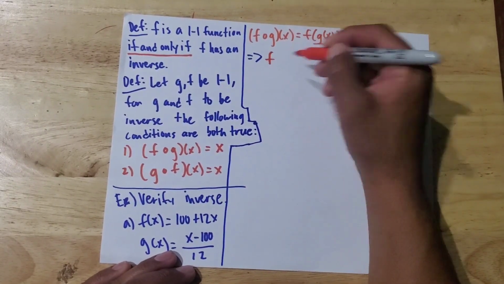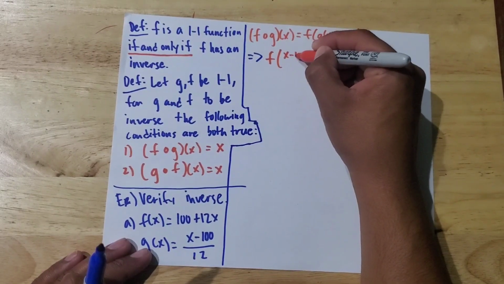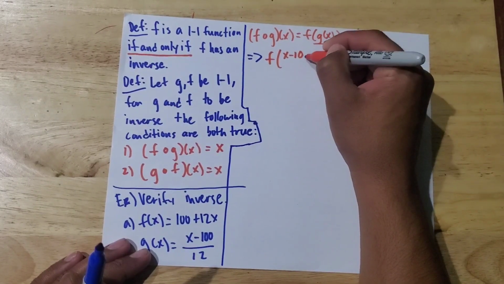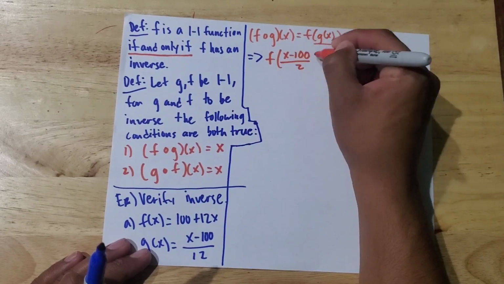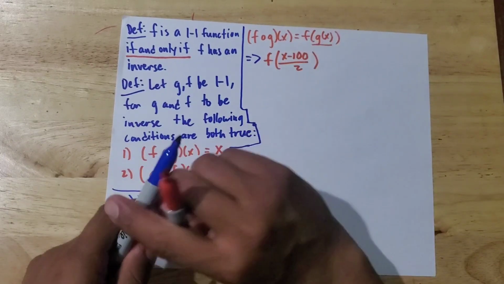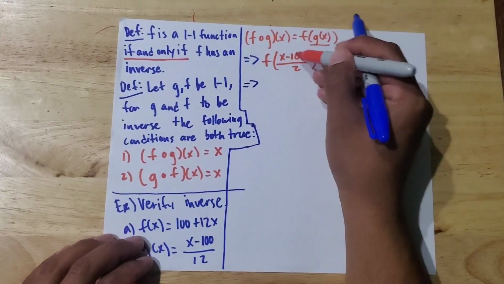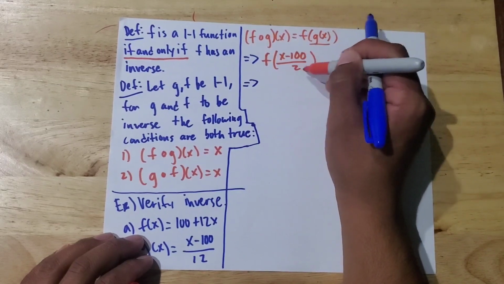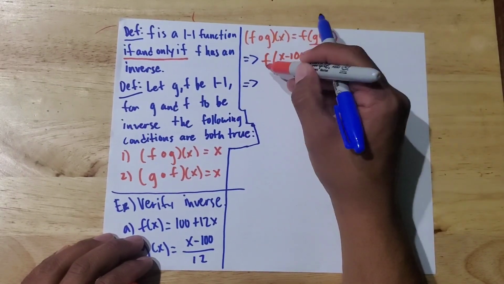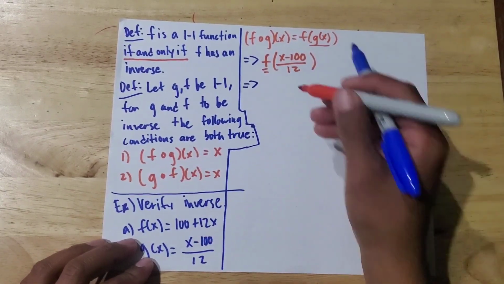So if you remember composition, I have to replace my g of x with this x minus 100 all over 12. And then I have to plug this x minus 100 over 12 into f, which I know is 100 plus 12x.